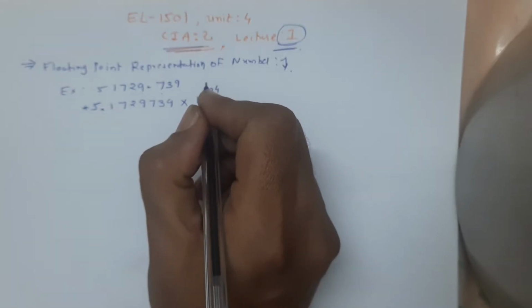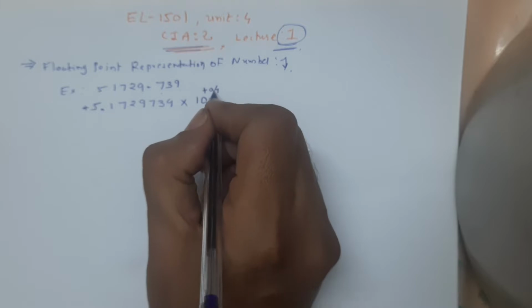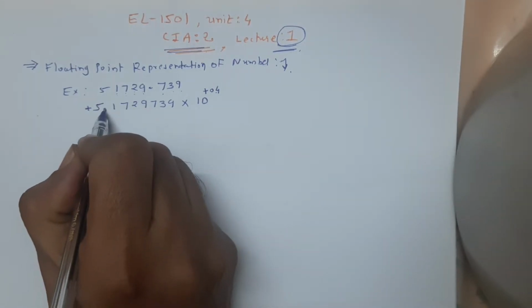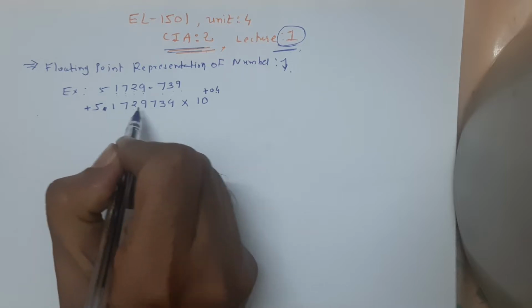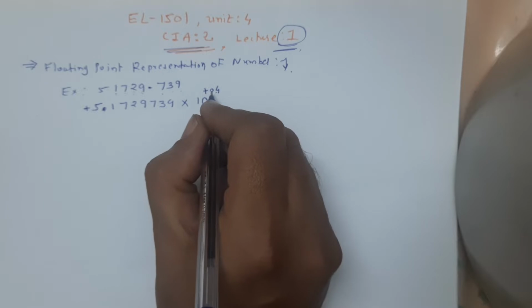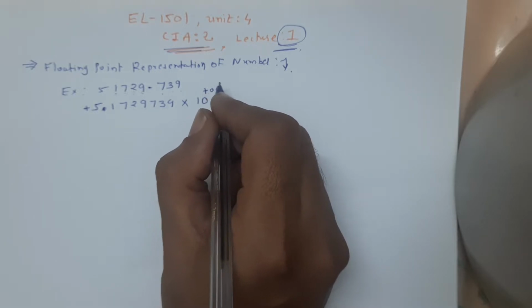This is the scientific notation. Why 4? Because we are using 1, 2, 3, 4 digits after this point, so we take 10 raised to 4.